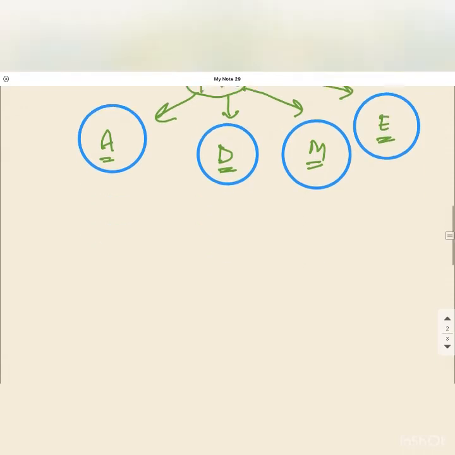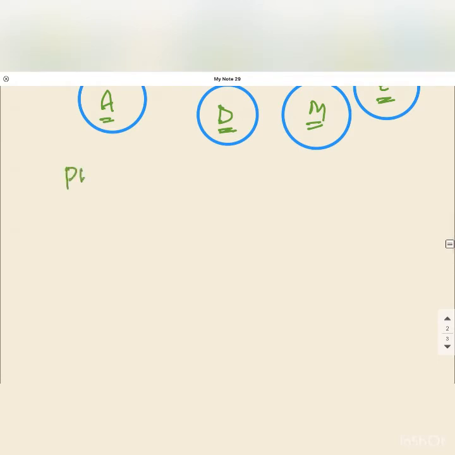Now, there is another term that we need to just have the concept of, that is pharmacotherapeutics. Not to go into the detail, it's very simple.